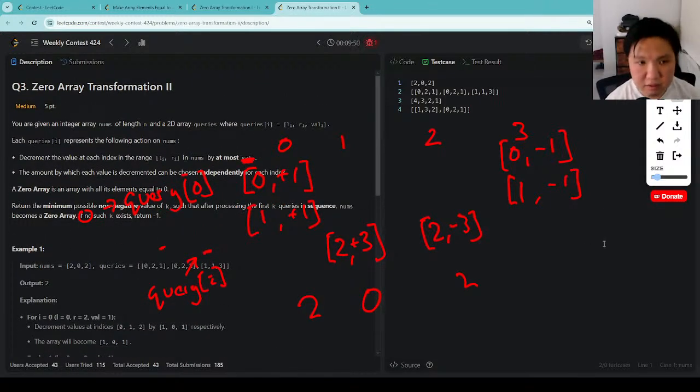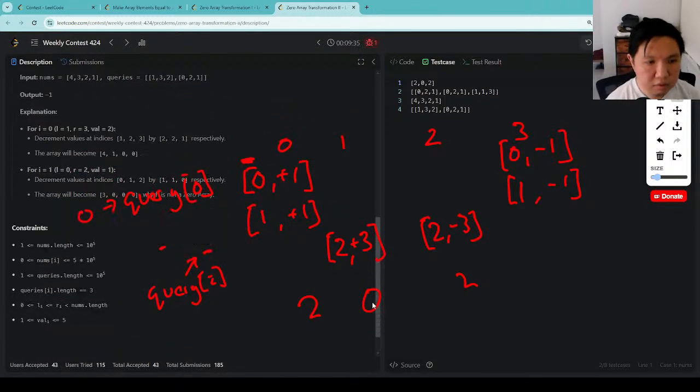I see. Wait. How do you do a binary search? How do you do a binary search and not make it n square? Because there are 10 to the power of 5 queries.